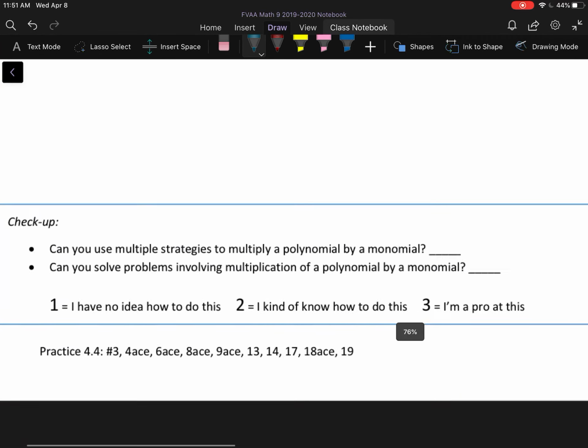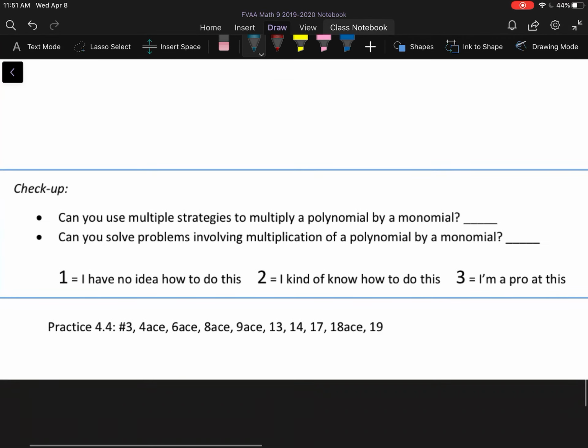Hopefully by now, if we check the initial goals that we started with, you should be able to use multiple strategies, referring to both the algebra tiles and algebraically. Can you do that? How comfortable are you with that? Hopefully you're a pro, or at least you know what you're doing now.